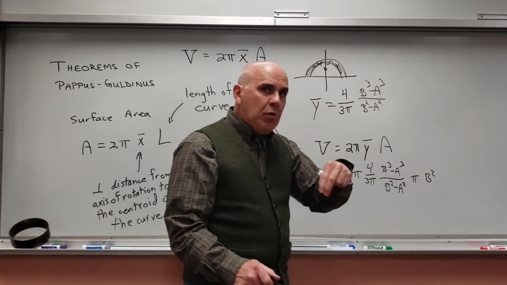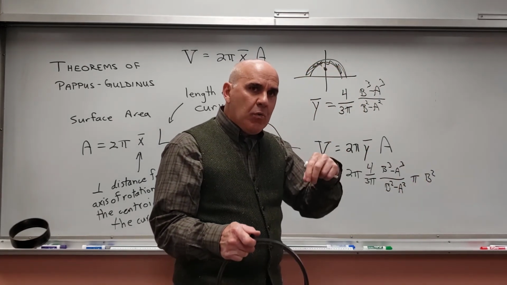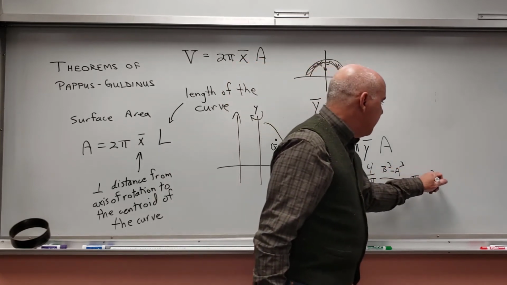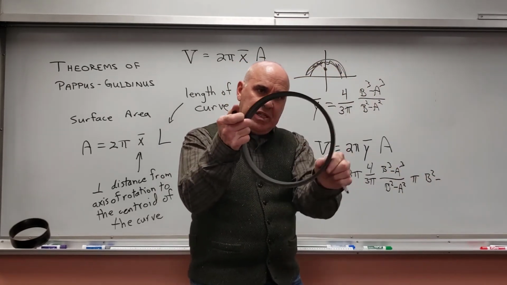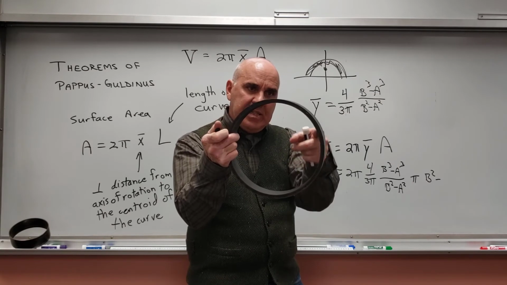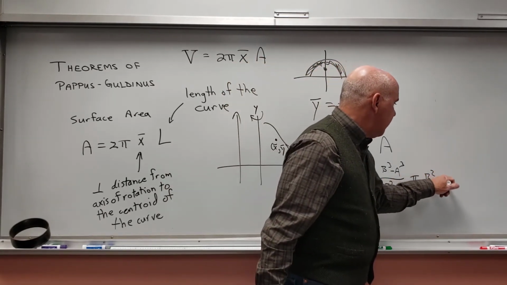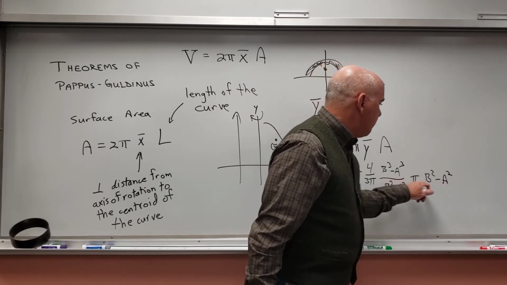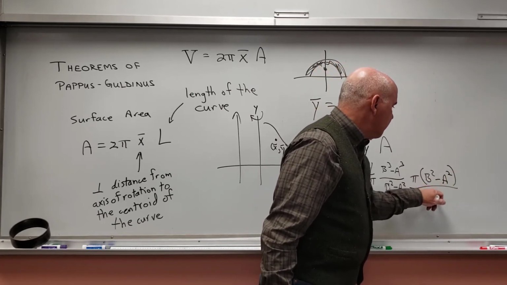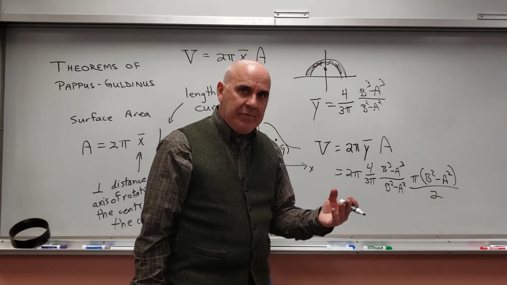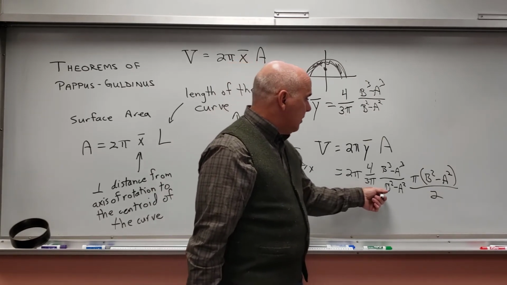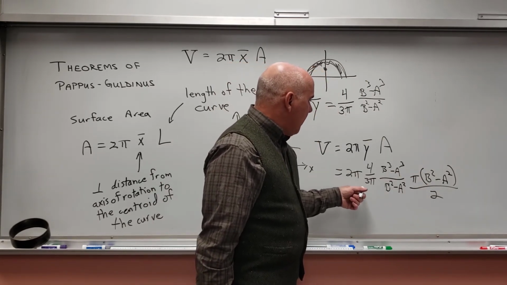But then I'm going to take away a squared, because b squared would be the entire semicircle, and then we take away the other semicircle that's underneath. So b squared minus a squared. So pi r squared, but then it's a semicircle, so I'm going to divide that by 2 because it's only half a circle.